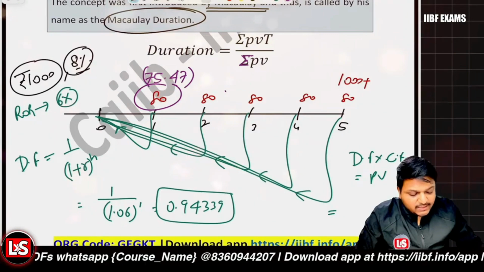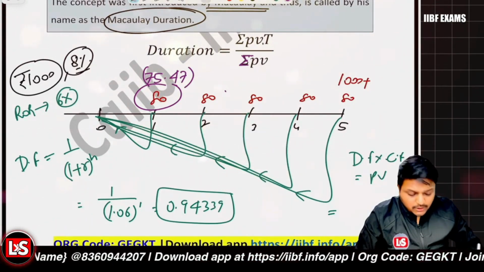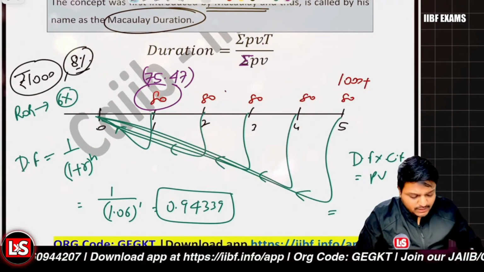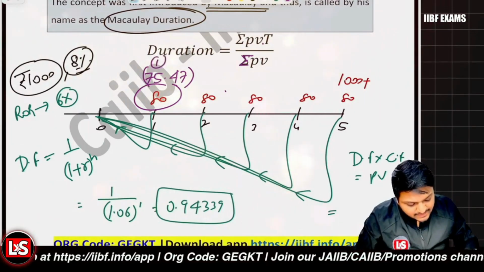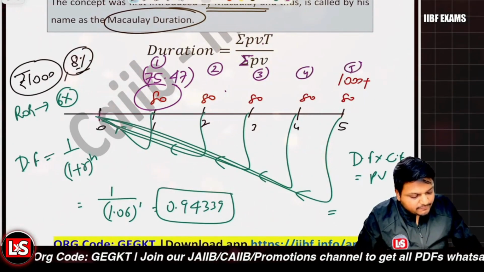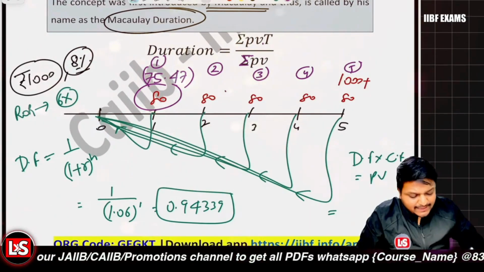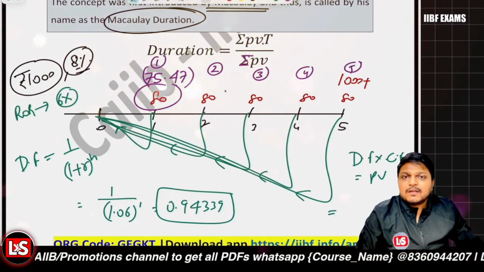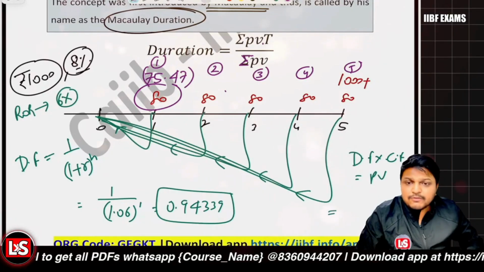And in the numerator, we have the product of the present value with the time factor. For the first year it is 1, for the second year it is 2, for the third year it is 3, and 4 and 5 like this. So we multiply the present value with the time factor, and then take the sum of all. That's the numerator.